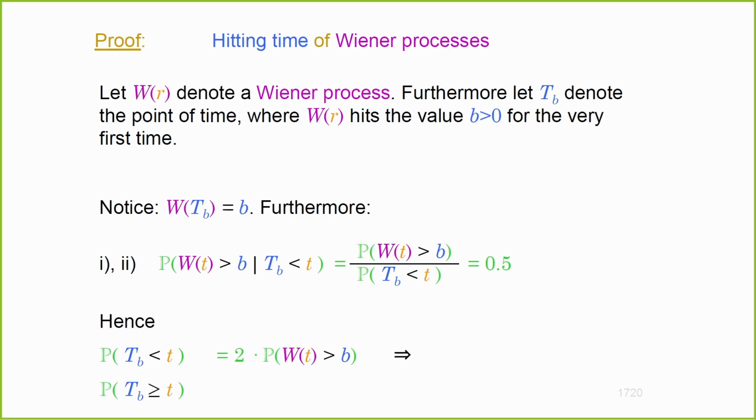So the probability of waiting longer than t for the process to hit that is going to be the probability of its complement, 1 minus the probability of that.